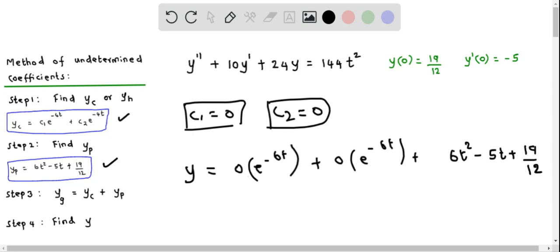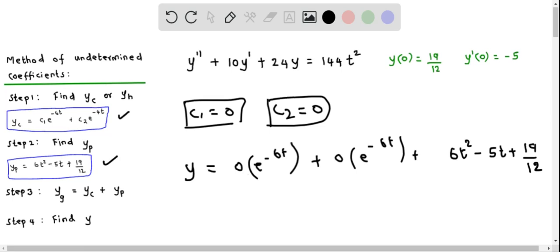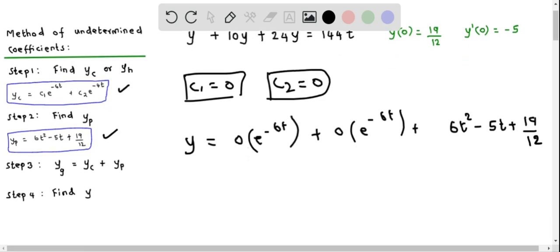So it's basically the sum of the complementary function and the particular solution which we found in steps 1 and 2. It's just that we have to determine the values of c1 and c2 and substitute them into the final solution. So we see that this becomes 0 and this is also 0.